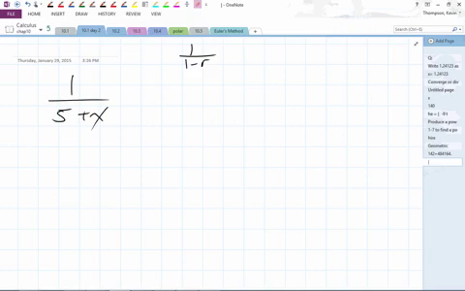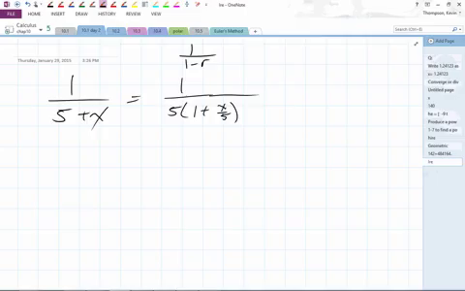So I would say, let's do the same approach, but let's write it this way. The first thing is, I can certainly do this, just making that a 1.